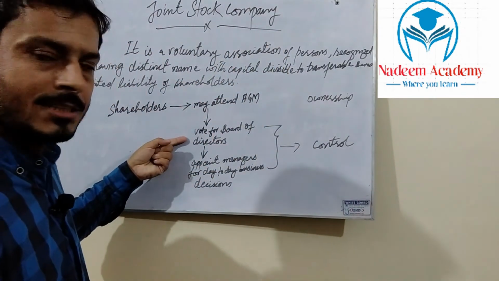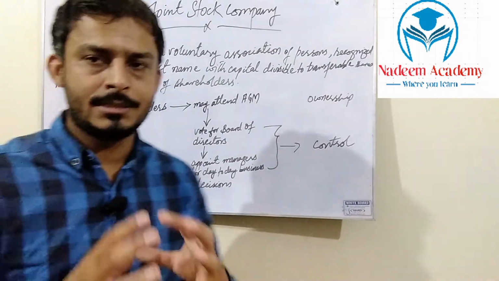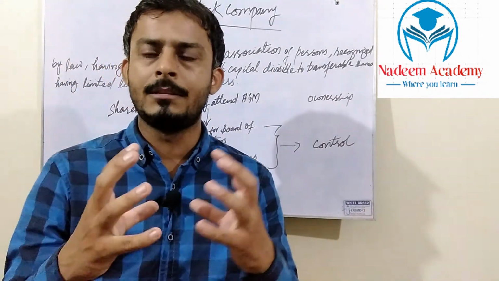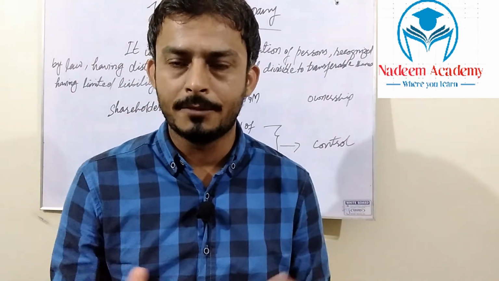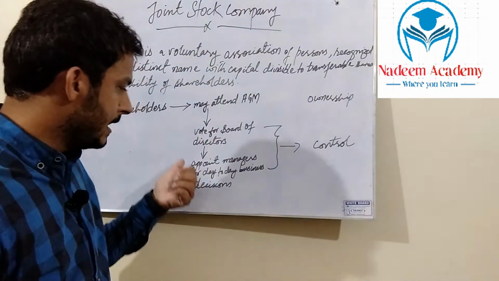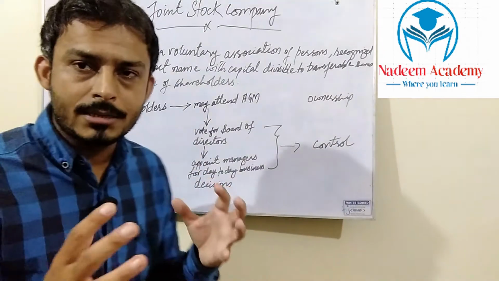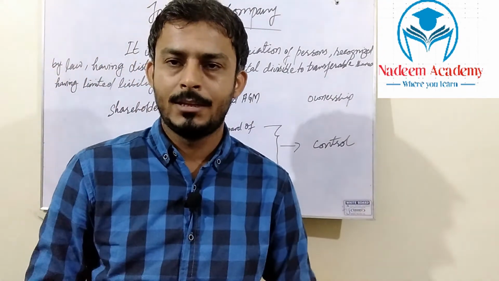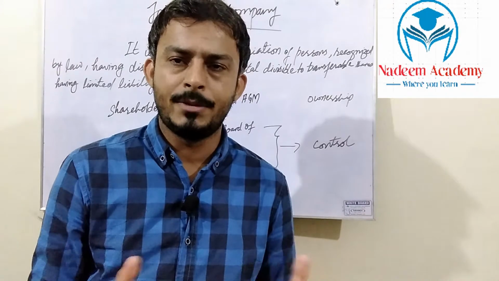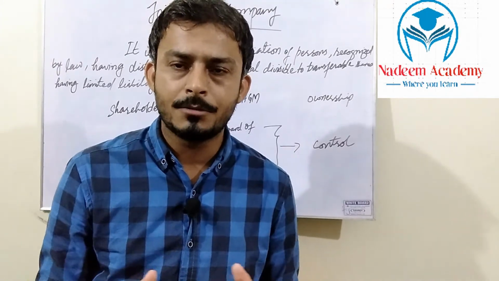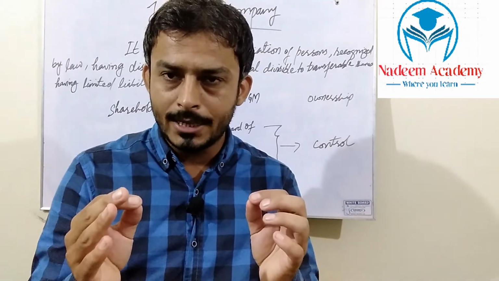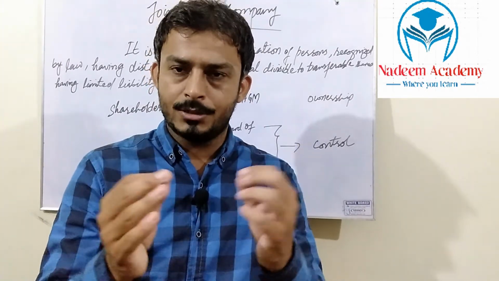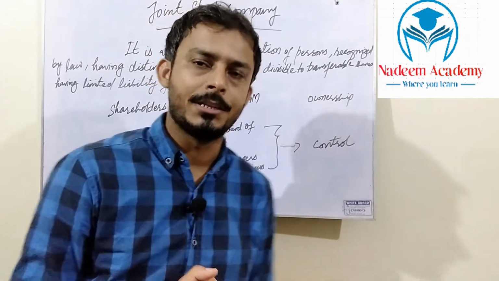Once they vote for the board of directors, these are the professionals, the experts who are going to manage all the affairs of the business. Because the board of directors are limited, like they might be 10 or 15, they cannot go and manage everything in the business. So the board of directors has the authority for decision making and operational capabilities.